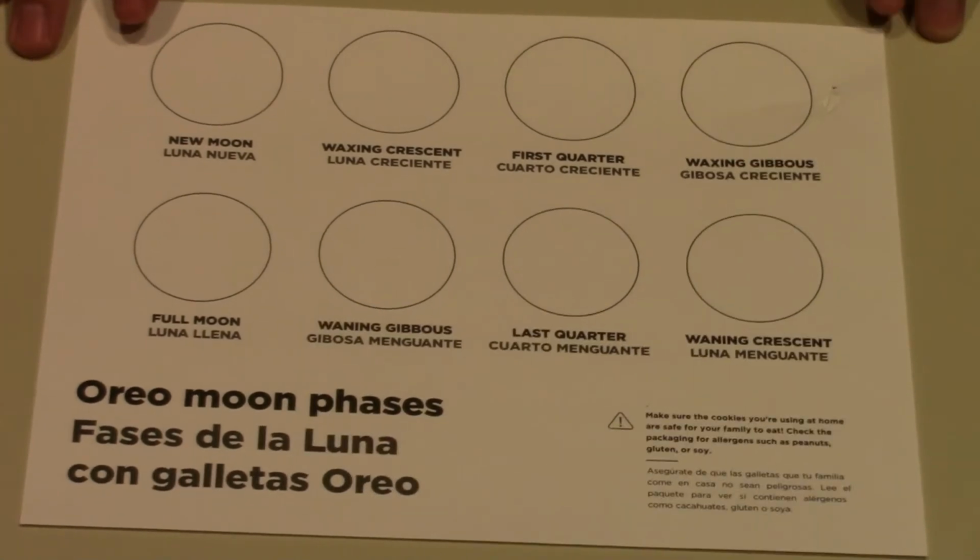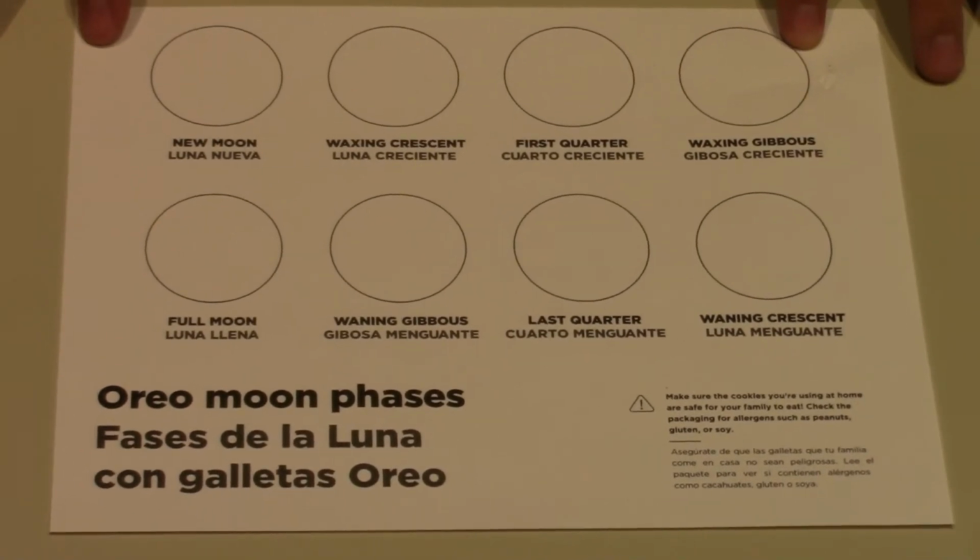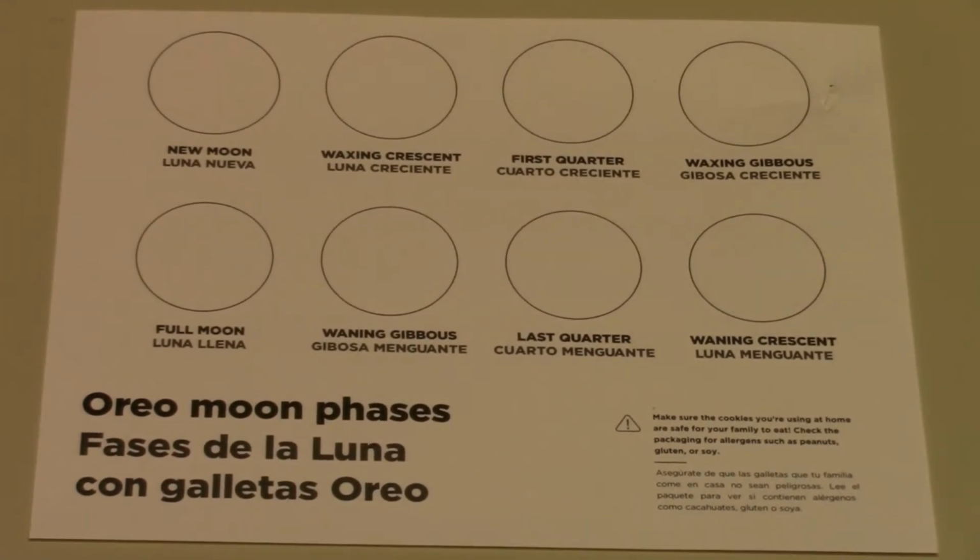And crescent and gibbous are shapes. Crescent is kind of that typical man in the moon shape that we've seen. A gibbous is kind of the opposite of that, where it's almost a circle, but there's like a piece sliced off of it. So we are going to use our Oreos to create these shapes.